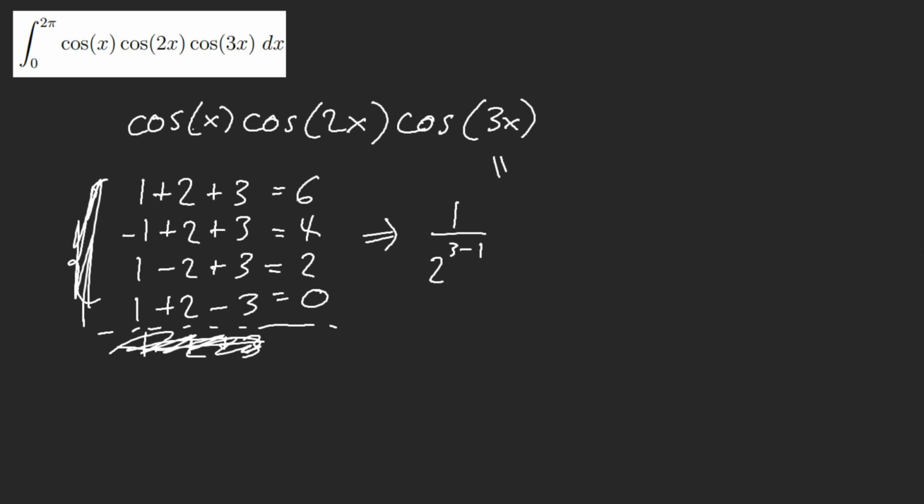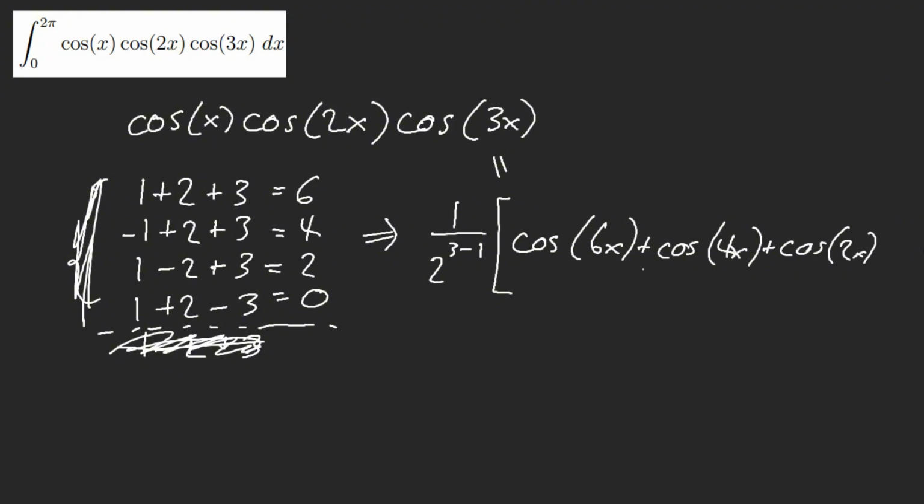Okay, so it's 3 cosines minus 1. And then it's cosine of 6x plus cosine of 4x plus cosine of 2x and plus cosine of 0, which is 1. And this is literally your integral.